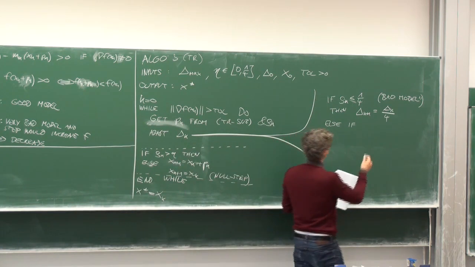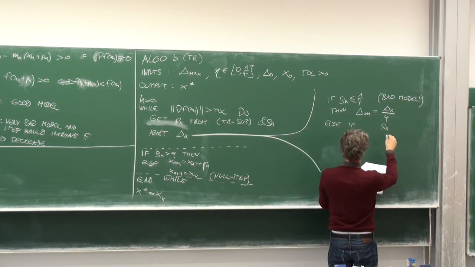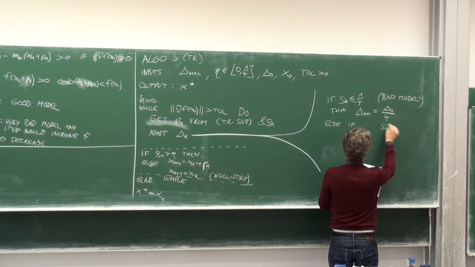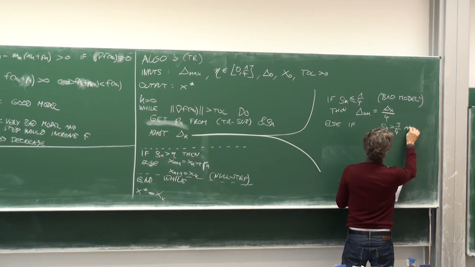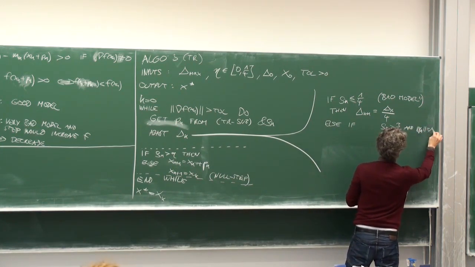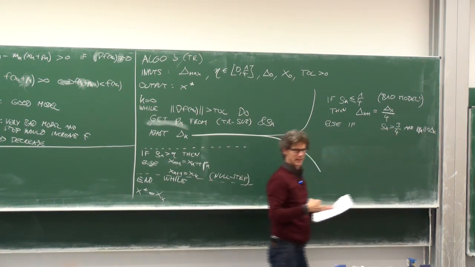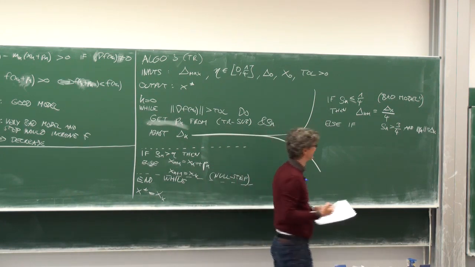So you have this condition: if the rho k is bigger than 3/4, so that was a good model, and also if the norm of pk is equal to the trust region radius at k. Then you have a good model but a too small radius.